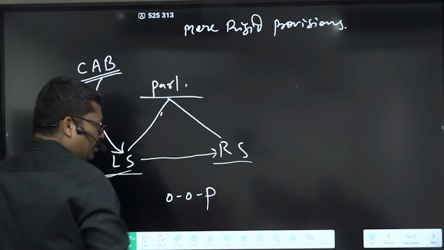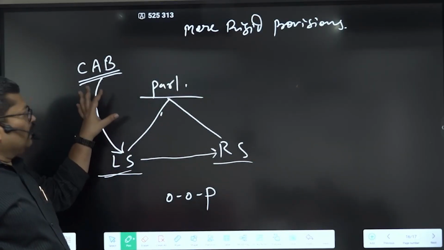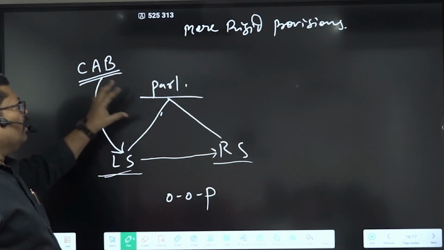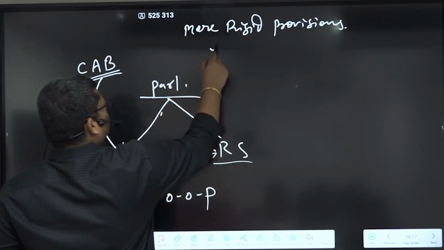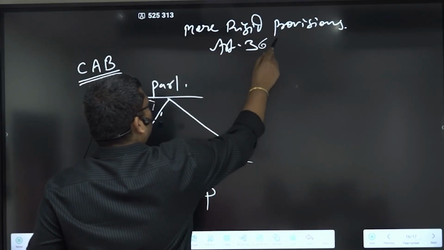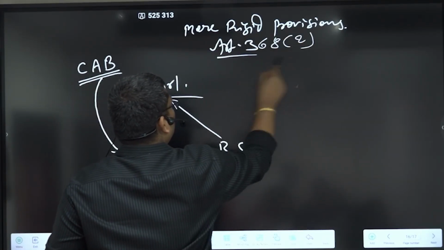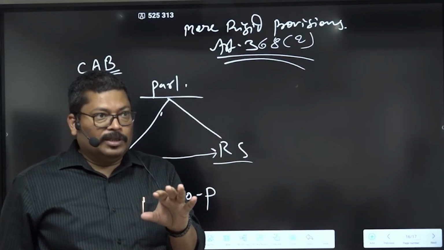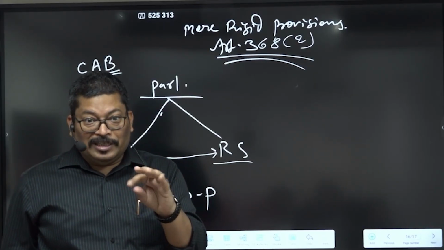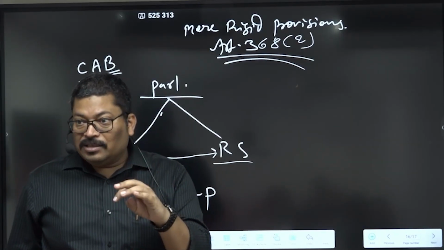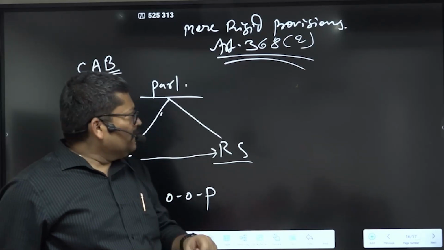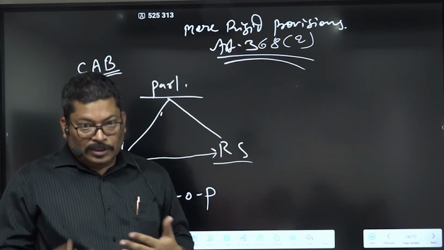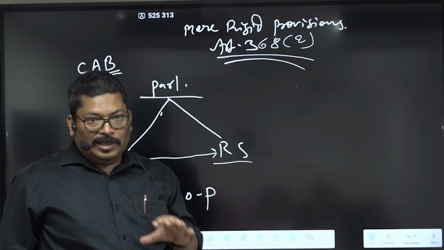See, again the proceeding will be started from Parliament. And see, it is not formally given under the Indian Constitution which provisions should be treated as less rigid and which provisions should be treated as more rigid. On the basis of the application of the constitutional amendment procedure, I am telling you.